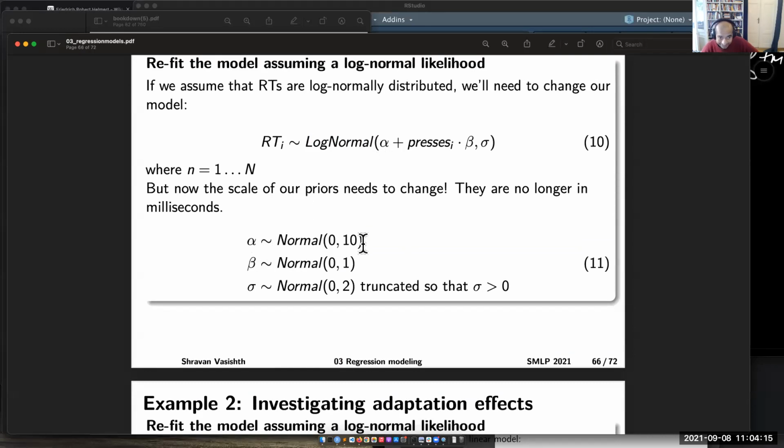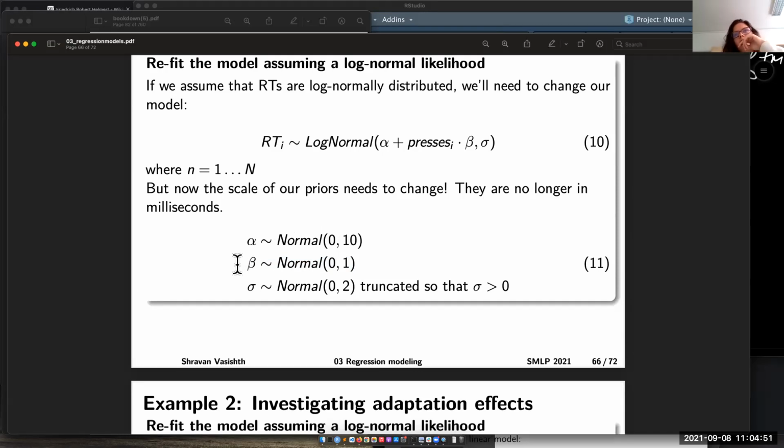But the prior on it is a normal prior, but the unit of this prior is now log milliseconds. I don't have to transform this at all, right? Because what is the statement that I'm making? Think about this. What statement am I making about the prior? I'm saying that the beta can be somewhere between -2 and +2 log milliseconds, right?